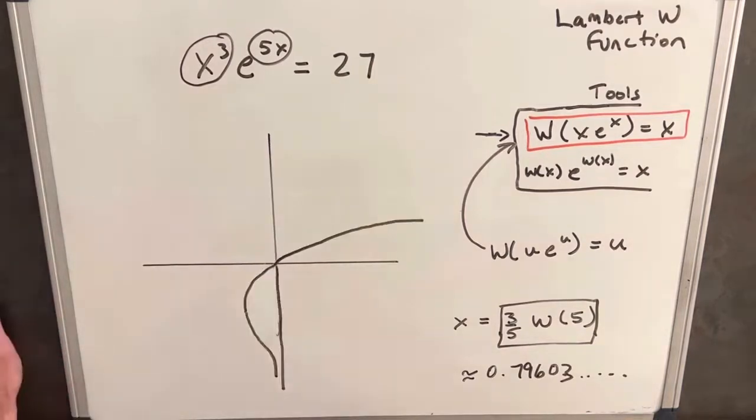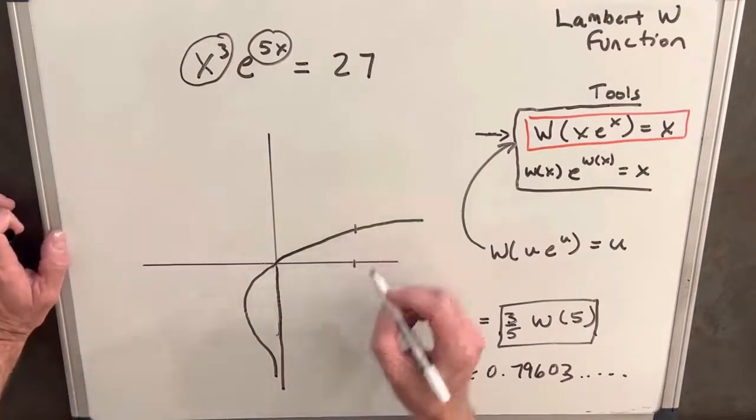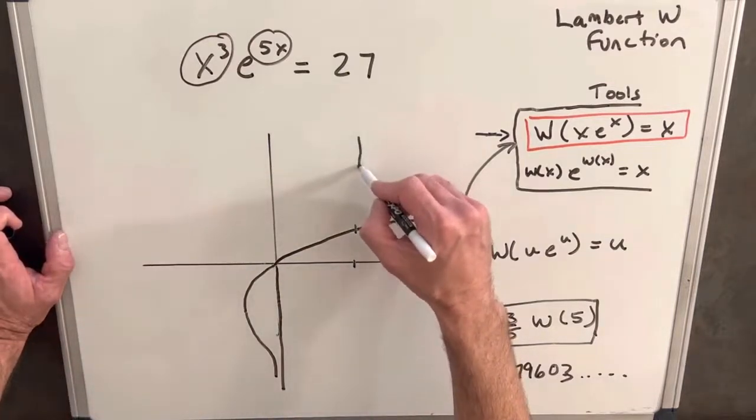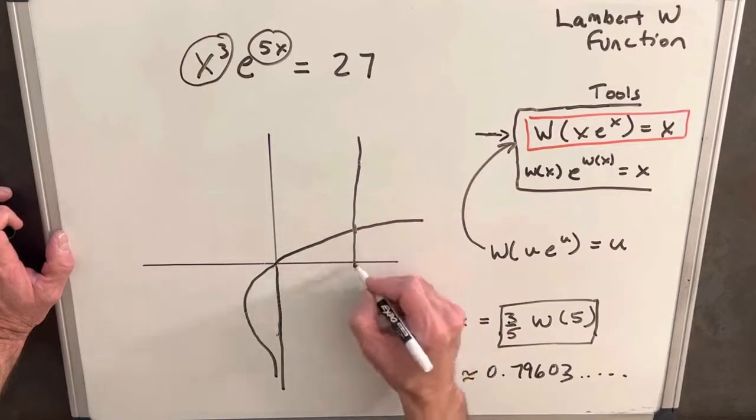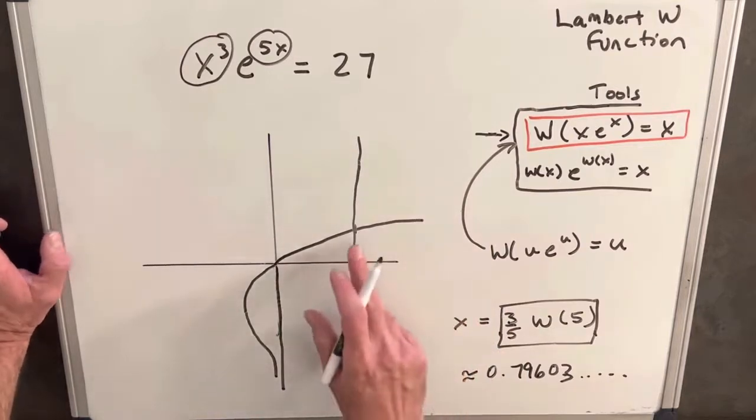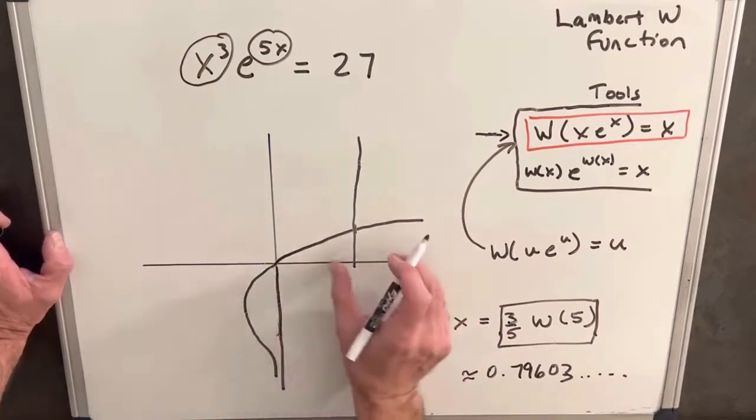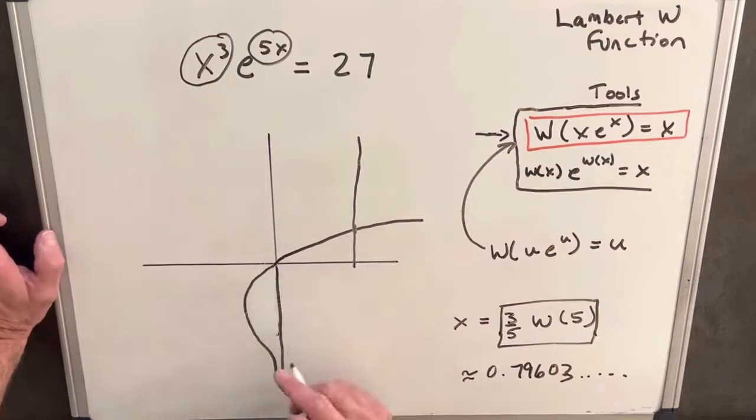So another way to see if there's just one real solution, we can look at the Lambert W function. At the value 5, let's say 5 is right here, we can see we only have one intersection point with the Lambert W function. So it's only going to have this one real solution on our branch right here.